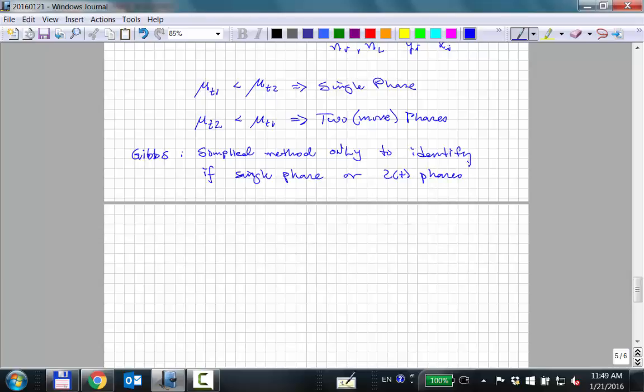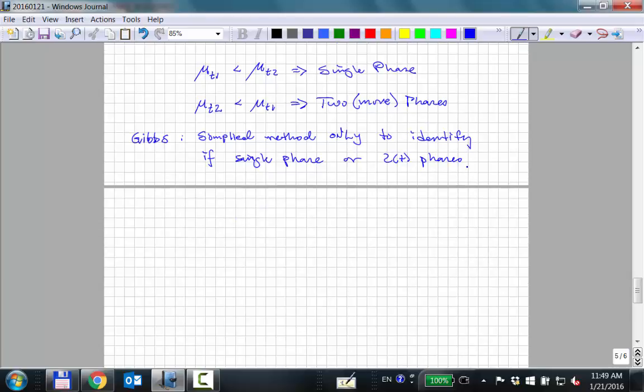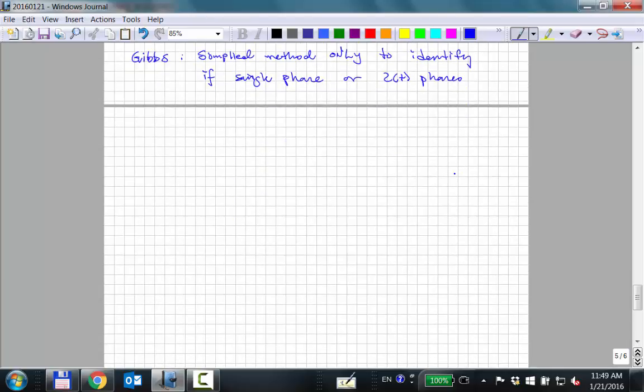Okay? He gave a simplified way to do that. And what he said is that, if... I'm going to call this total energy star, which we're going to calculate in this way.